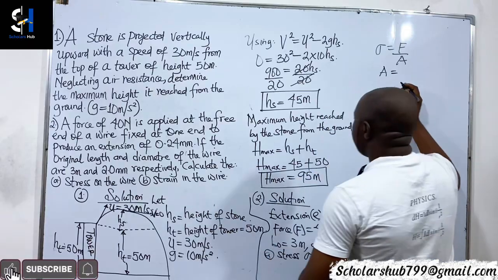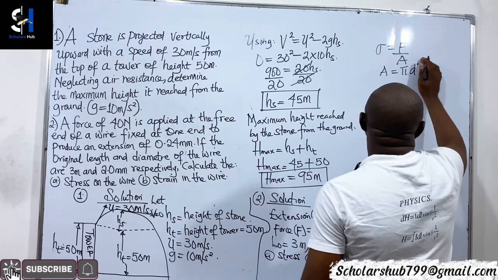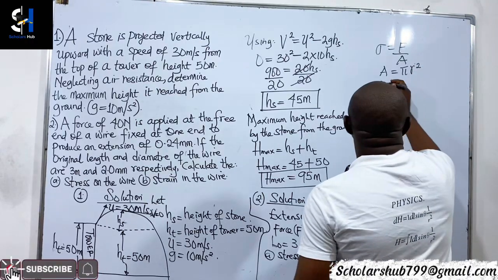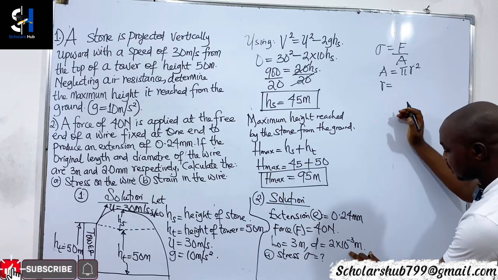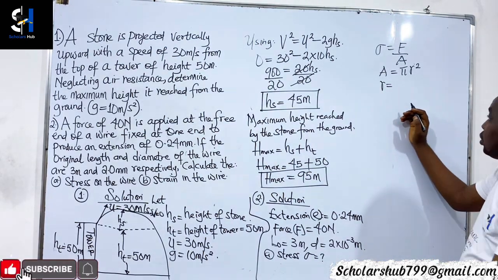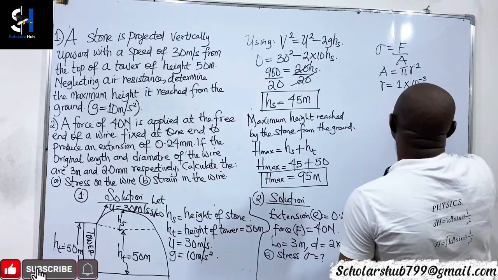Now, what is the area? Area in this case will be pi r squared. Because we are given the diameter to be 2 times 10 raised to the power of minus 3, if you divide the diameter by 2, this will be 1 times 10 raised to the power of minus 3.